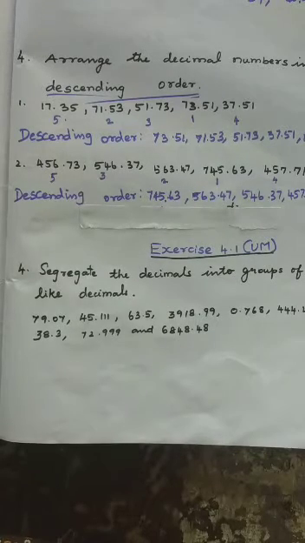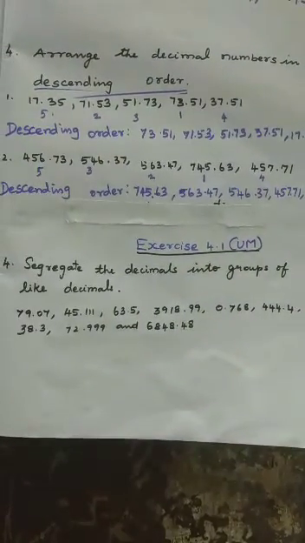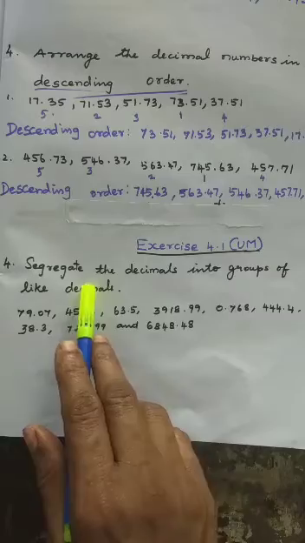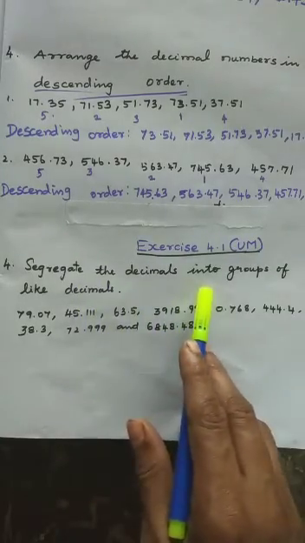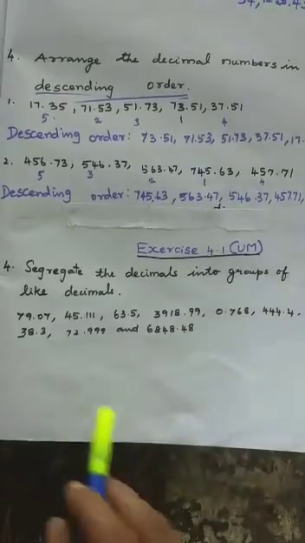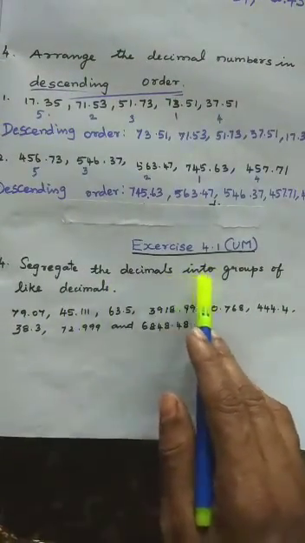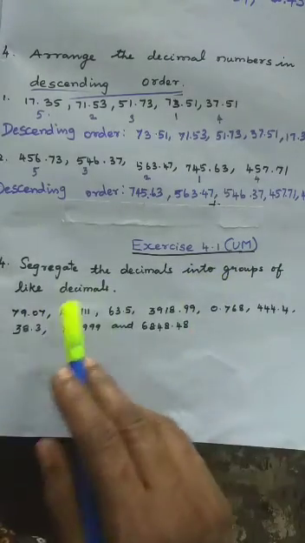Then exercise 4.1, Understanding Maths. In this fourth Roman letter, segregate the decimals into groups of like decimals. They are given some decimal numbers. You have to make groups of like decimals.